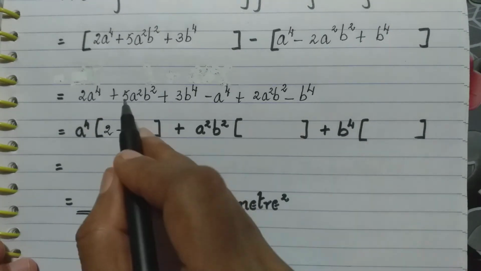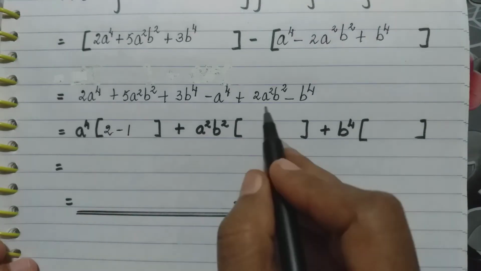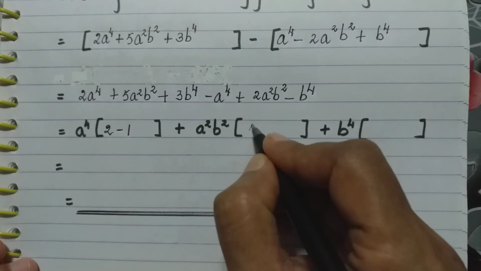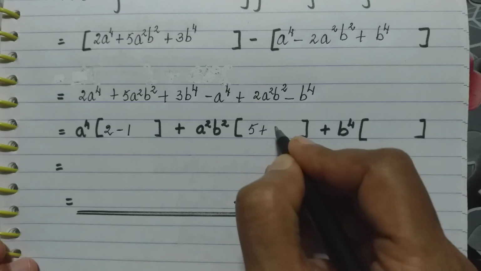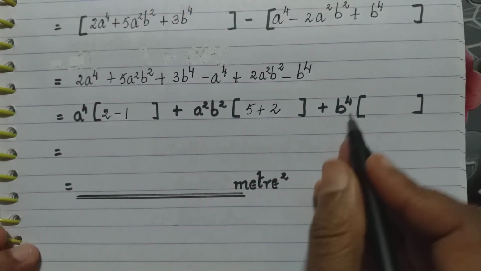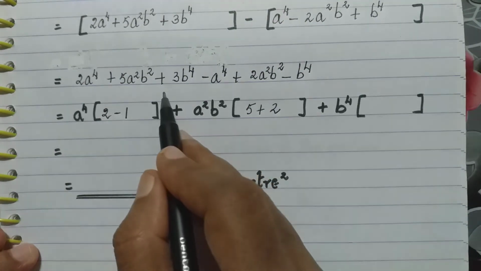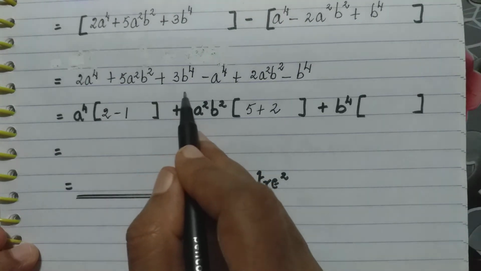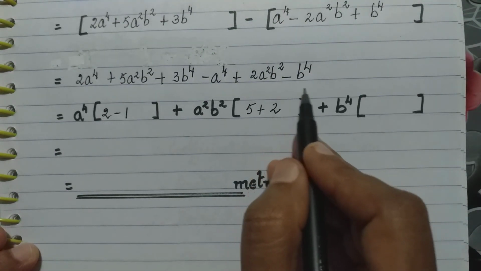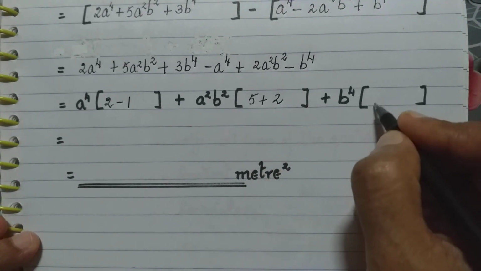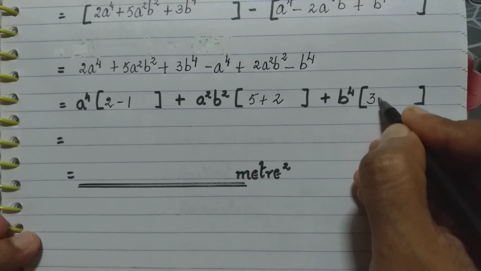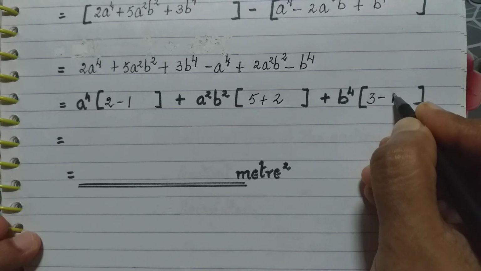The coefficients are plus 5 and plus 2. So I can write here 5 plus 2. Then I have b raised to 4. Which are the b raised to 4 terms? Here the coefficient is plus 3. Here the coefficient is minus 1. So this will be 3 minus 1.